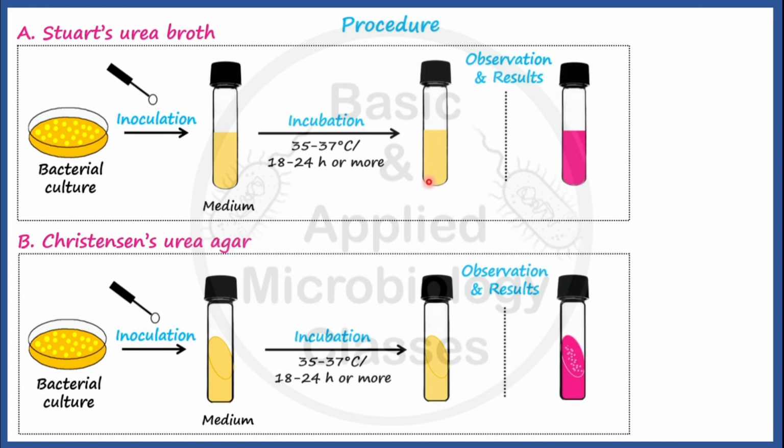If results are coming like this, we can understand very well, from the principle on the previous slide, that if the urease enzyme is not there in the bacterial culture, or the culture we are examining is not capable of producing urease, then the urea present in the medium will remain intact and will not be subjected to any breakdown, and the phenol red pH indicator shows yellow color under acidic conditions, and here we can say the test is urease negative.